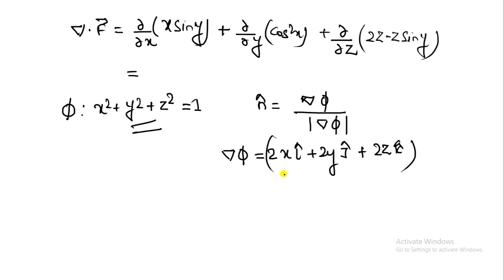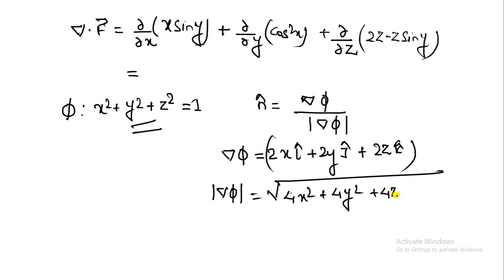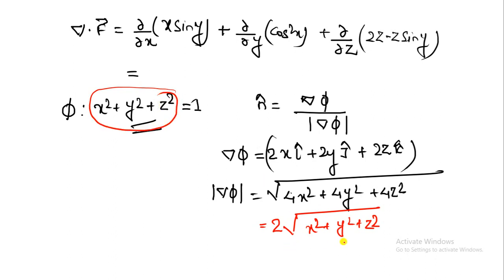What will be the magnitude of grad phi? The magnitude of grad phi will be equal to root under 4x square plus 4y square plus 4z square. Now 2 will be common: 2 root under x square plus y square plus z square. As x square plus y square plus z square is 1, on substituting, the magnitude of grad phi will be equal to 2.